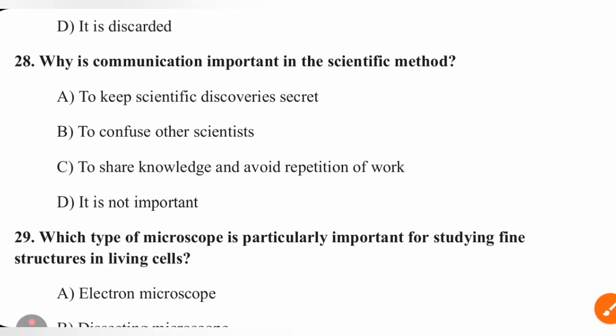Why is communication important in scientific method? A. To keep scientific discoveries secret. B. To confuse other scientists. C. To share knowledge and avoid repetition of work. D. It is not important.